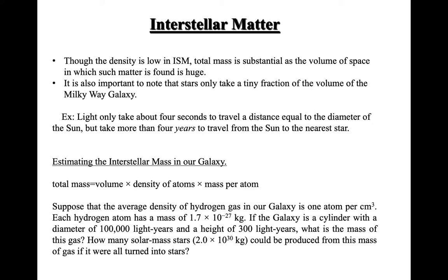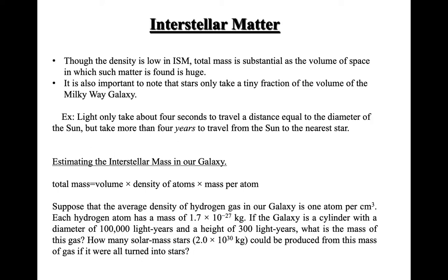Now I have given the example here. Suppose that the average density of hydrogen gas in our galaxy is 1 atom per cubic centimeter, right? Each hydrogen atom has a mass of 1.7 times 10 to the power minus 27 kilograms.